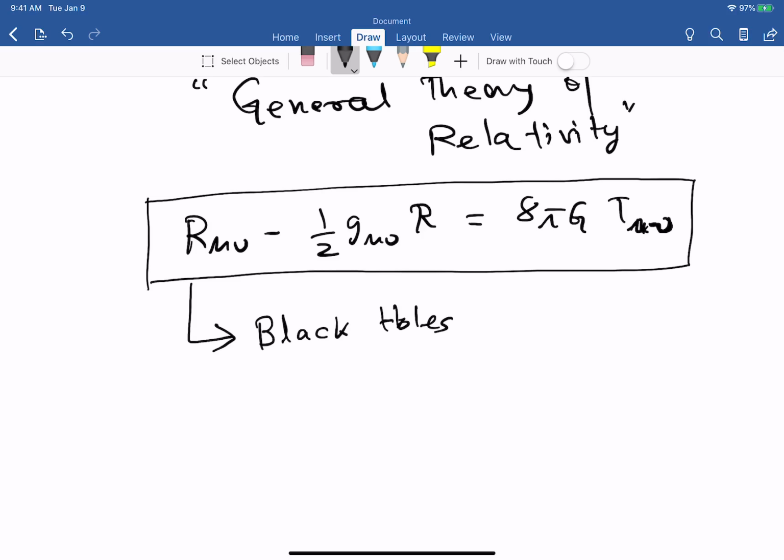The second thing that comes out of the general theory of relativity is the existence of gravitational waves. All right, so what are gravitational waves? Well, I told you that space and time make up a fabric called space-time, and the presence of mass will warp space-time, right?